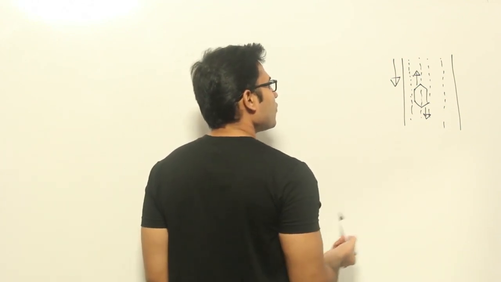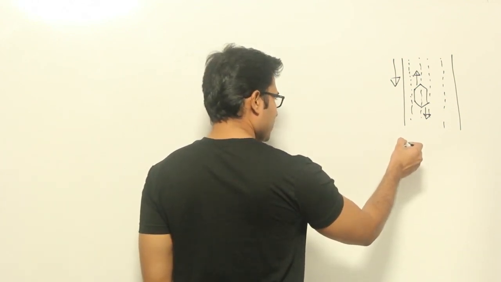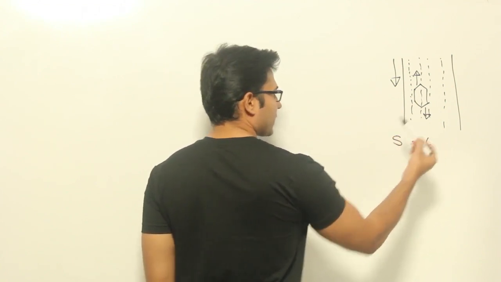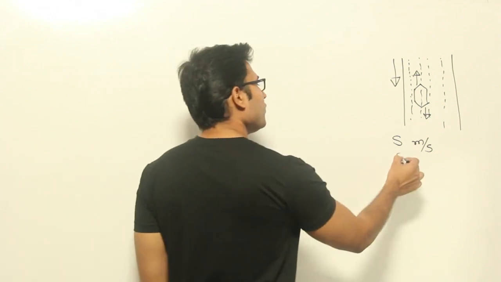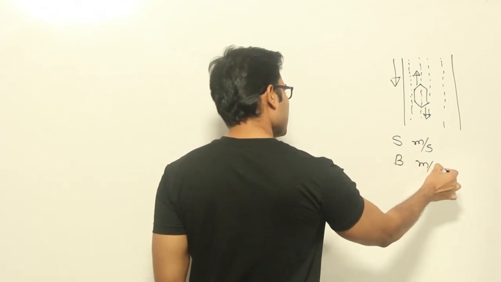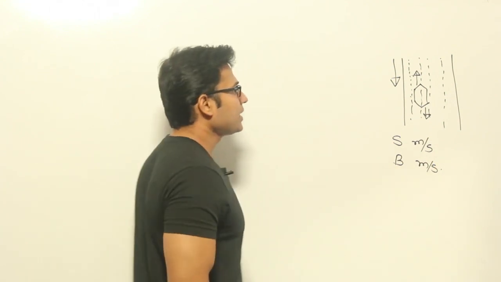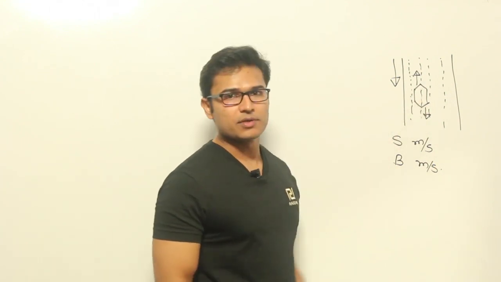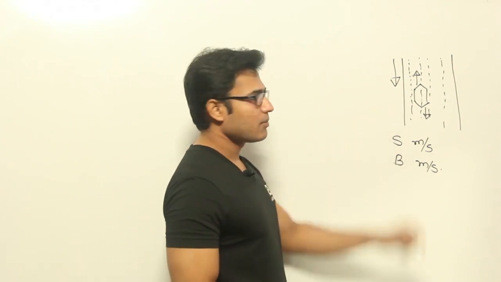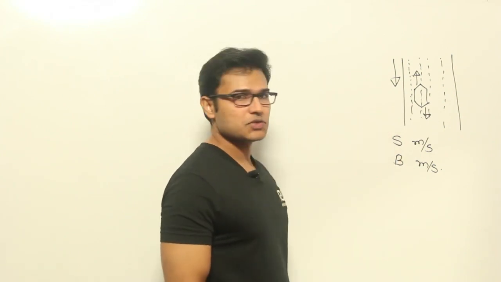Let us say the water is moving at a speed of s meters per second, right? And if you assume that the boat can move with a speed of b meters per second, then if the boat is moving up the stream, its velocity is going to reduce by how much? By the speed of the stream.